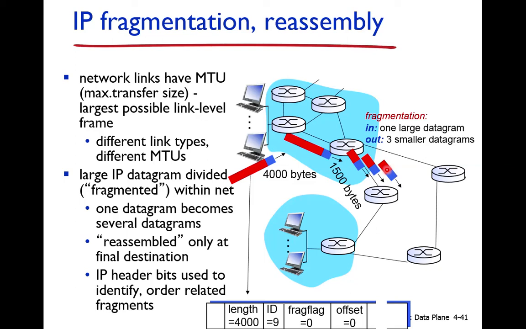Now these small packets are transmitted and received. When they are received by this router, and suppose this router can now send a packet up to 4000 bytes, should this router reassemble this packet? No, it should not.